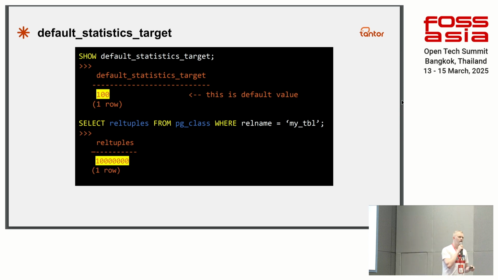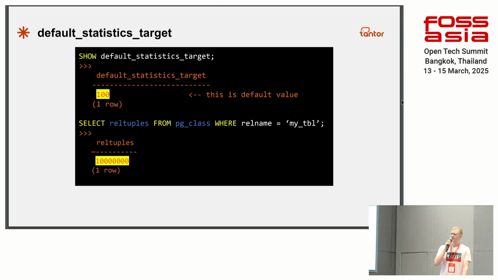And maybe somebody knows that if autovacuum considers the table, it collects default statistics target multiplied by 300 values, but why does autovacuum do that? It's a very complicated question, and the answer is about 10 to 20 pages of an article.